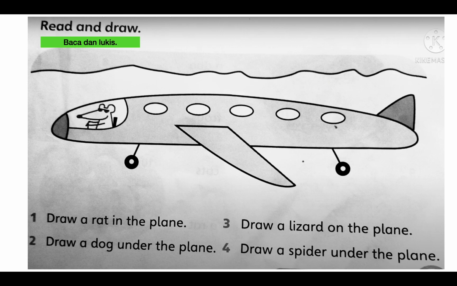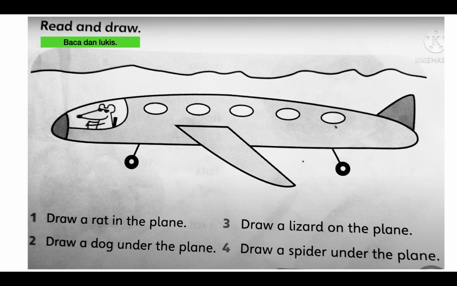Untuk soalan nombor 1, jawapan telah diberikan. Okay, draw a rat in the plane. Draw maksudnya lukis. Lukis rat. Rat maksudnya apa? Kita dah belajar. Yes, rat ialah tikus. Lukis tikus in. In maksudnya di dalam. Plane.